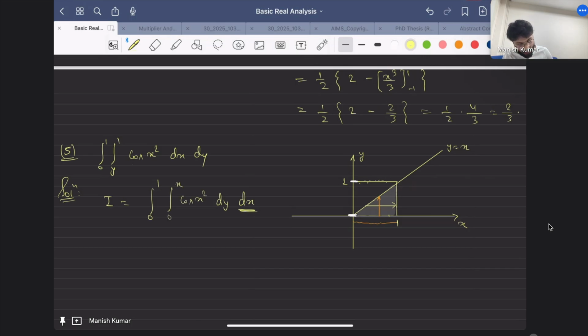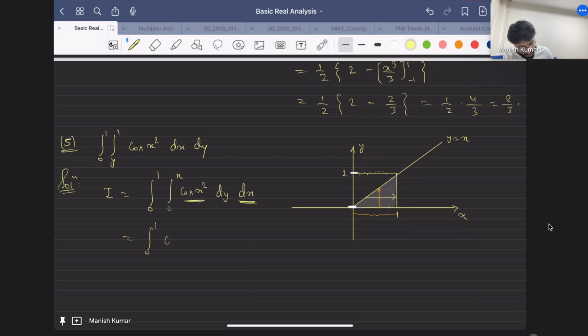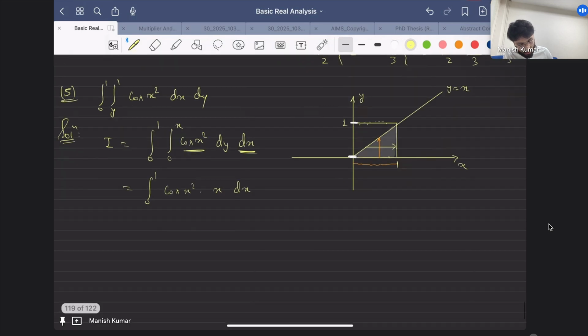Now if we integrate this, this is just like a constant. So this is 0 to 1 cos of x square, and then you have x dx. Now you can do a change of variable, so let's say t equals x square. Then dt would be x dx, right?